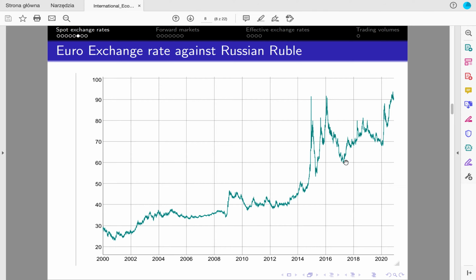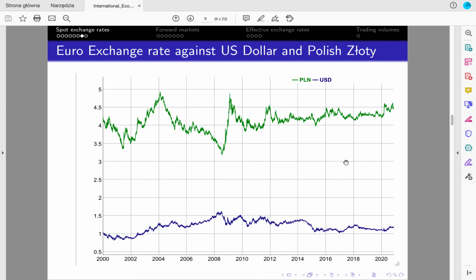Okay, but look, let's put those in perspective. If I'm going to put in one graph the volatility of the exchange rate of euro against Polish zloty and United States dollar, we see that definitely the exchange rate between euro and Polish zloty is more volatile than between United States dollars and euro.